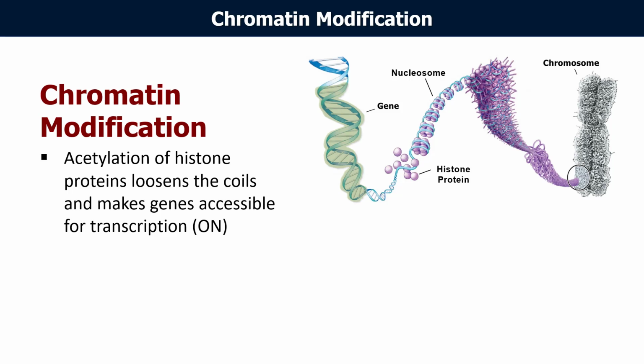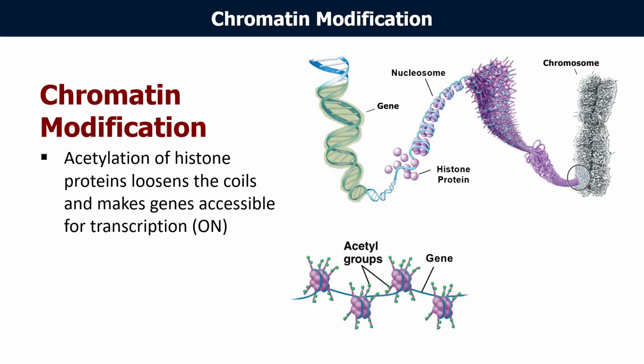So in order to make a gene accessible for transcription, if the gene needs to be turned on, the histone proteins may need to be acetylated, adding acetyl groups. We don't need to get into the depth of chemistry here, but it's a 2-carbon functional group. So acetylation of the histone proteins can loosen the coils and make genes accessible for transcription. In other words, allow the gene to be turned on. So let's look a little more closely here. You can see the histone proteins have those little sticks poking out, and on the sticks have been placed acetyl groups.